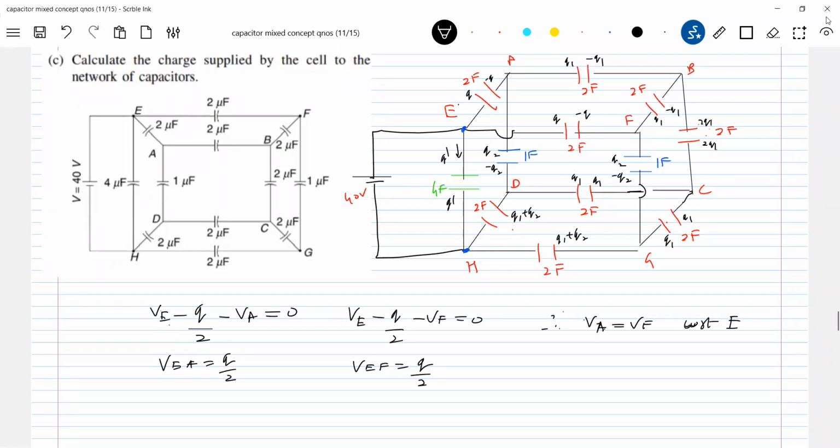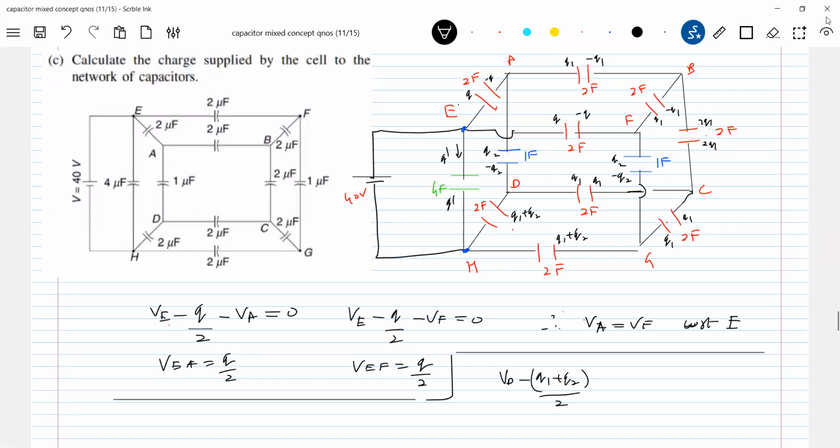So one more loop equation. Similarly, one more loop equation. VD minus (Q1 plus Q2) by 2 minus VH equals 0.